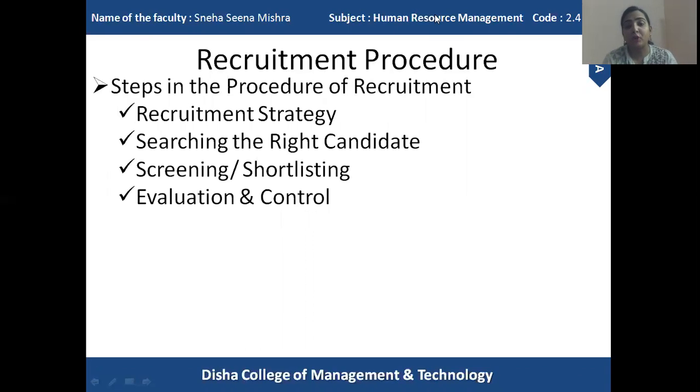These are the steps following recruitment planning: the second step is recruitment strategy, then searching the right candidate, screening or shortlisting, and the last step of recruitment procedure is evaluation and control. I am going to explain all these points separately in a detailed manner so that all of you can understand what a recruitment procedure is and how these various steps are executed while preparing the procedure.